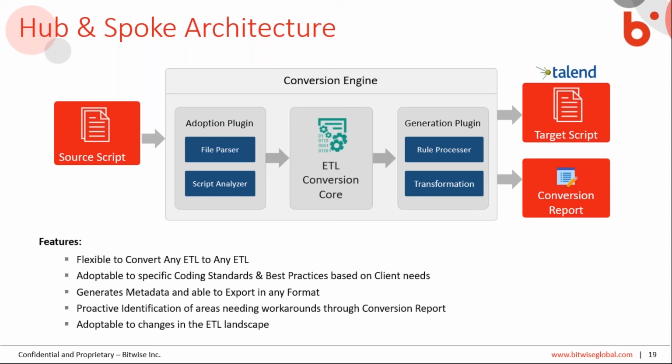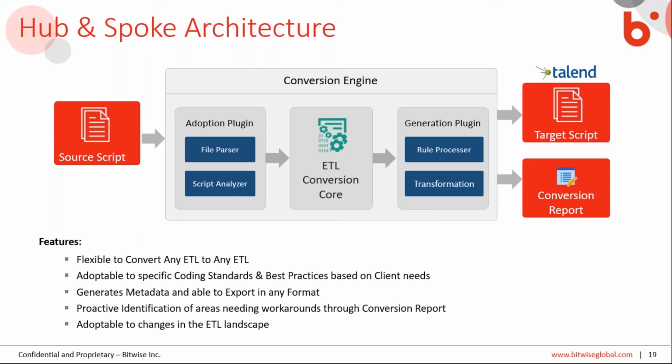Inside the hub, what's called the core on this diagram, are mapping tables, which will further analyze the source product ETLs and map them to the best possible feature in Talend. And then there's a generation plugin, which looks at these mapped artifacts and constructs the Talend ETL in an XML format.